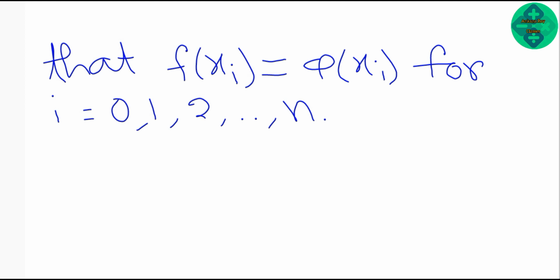Now we have to find the value of phi(capital X), and this is the approximate value of f(capital X).